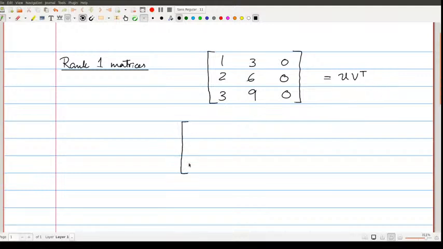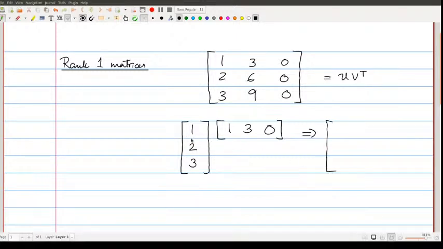I'll just say that the column that's independent is the U vector, and the row that I'm going to multiply it by is going to tell me in each of these columns how much of the column that I have. So if I write something like 1, 3, and 0, then you can see that the matrix that I will generate is the following.